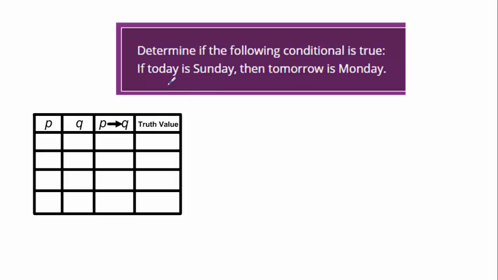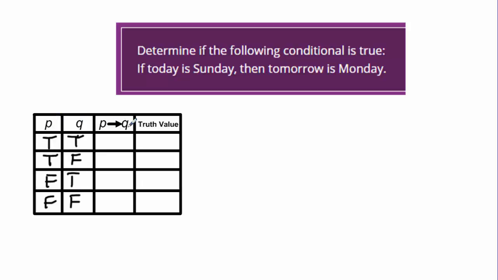But there's four scenarios, so I could have it such that I have a truth value of true for the hypothesis. We can have a conclusion of true. I can have true and false, false and true, and false with false. So these are my hypothesis. This is my conclusion.